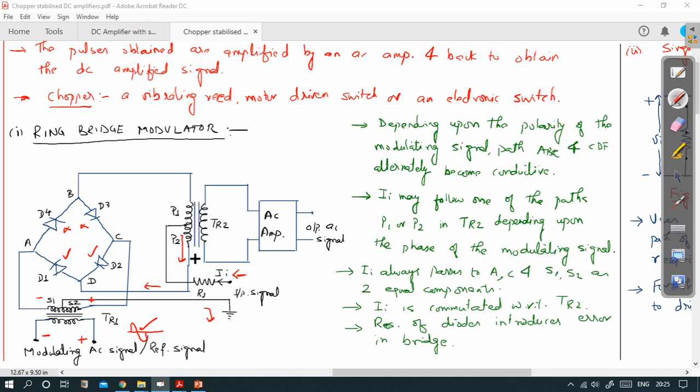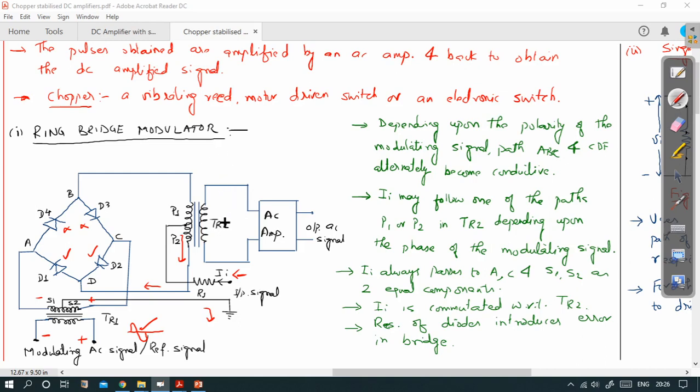So it shows us that for one half the P1 path is available, and accordingly it will sample the signal at the secondary of transformer TR2, and for the other half this path is available, so the signal will be sampled with the negative polarity at the secondary of transformer TR2. The polarities are changing, and you will get the chopped version of the input signal right here at the input of this AC amplifier.